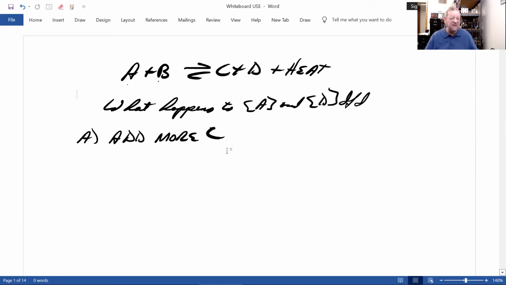And now I've added more C, and the equilibrium says, oh no, we have too much C. Let's get rid of it. How do you get rid of it? C and D and heat react to make more A and B. And if you react C and D, D is consumed and the amount you have will decrease.